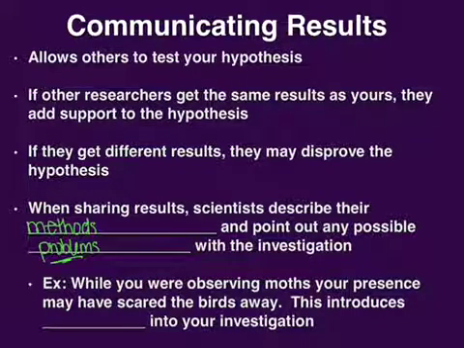You being out in nature could have deterred the birds from eating the moths. And this is where we introduce error into the investigation. A lot of times a question a science teacher especially asks is what would you do differently with this experiment to minimize the amount of error that you have in your experiment.